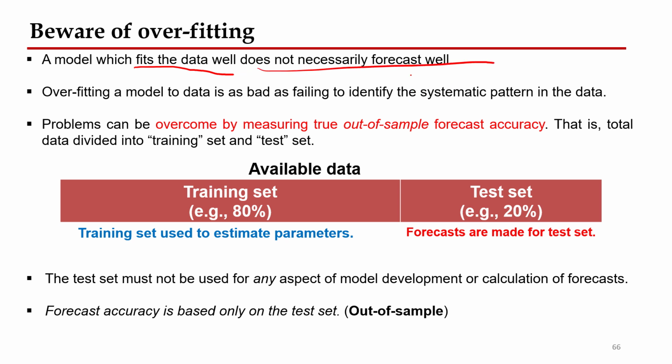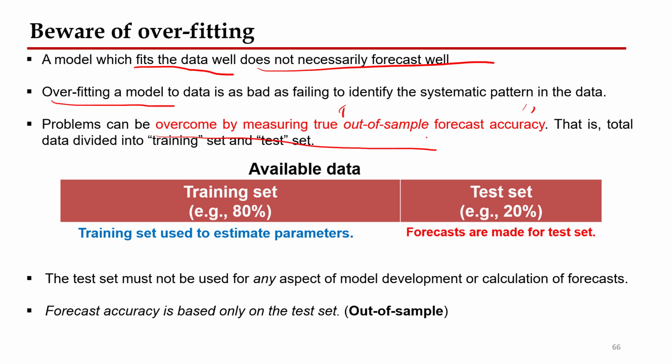That means if a forecasting method gives smaller forecast errors on the in-sample data, that doesn't guarantee it will predict very well. It may create the problem of overfitting. To overcome this overfitting, we can use the out-of-sample forecast accuracies.